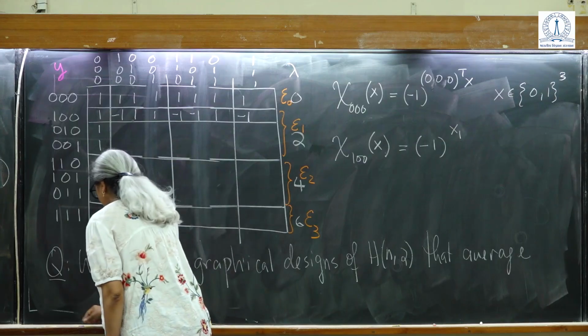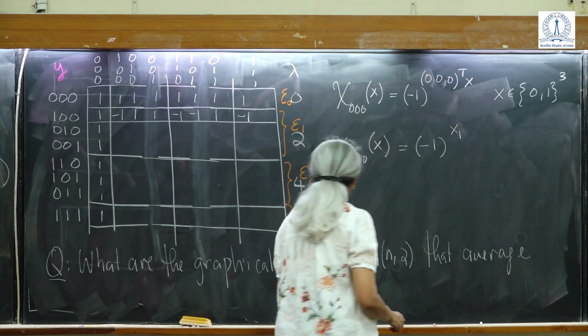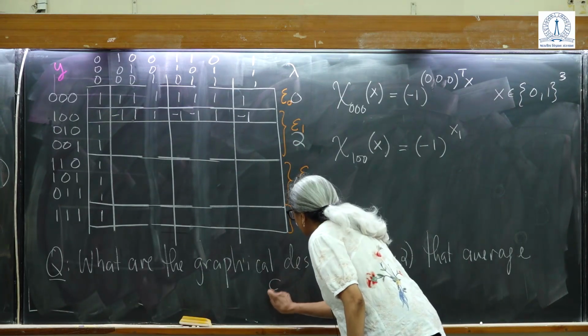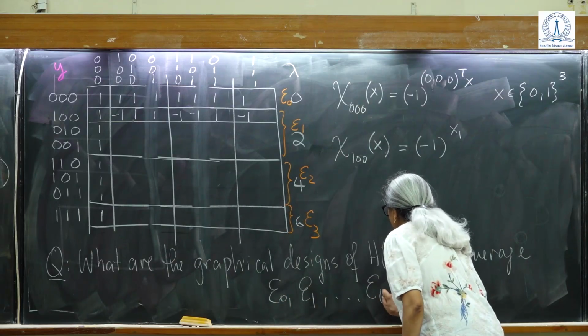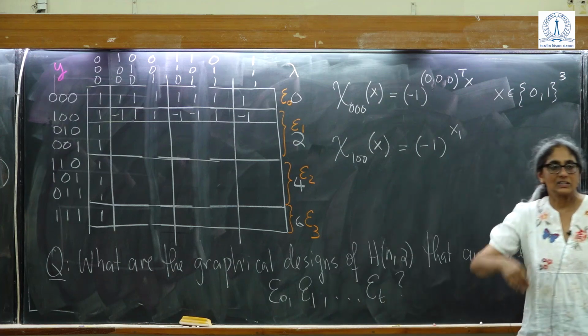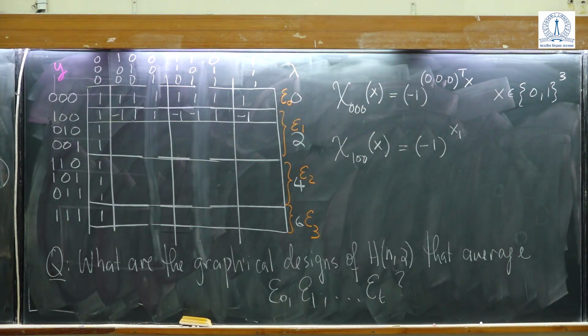I am indexing them by Hamming weight. So what I want to average is E0, which is for free, then E1, all the way up to some E_T. I want to go down in exactly this order. I'm telling you the order in which I want to average. This is for the general cube.